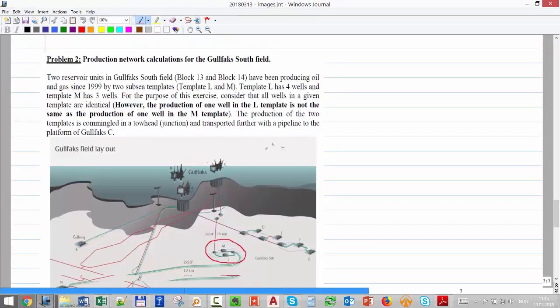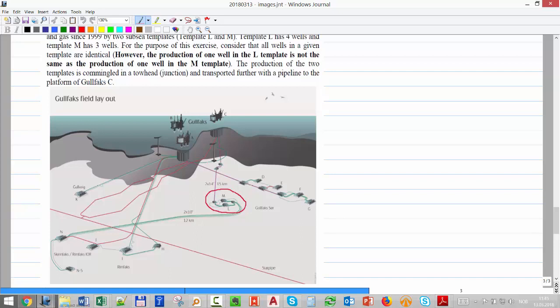The problem is we are looking at those two templates of Woolfax, M and L. I think M has 4 wells and this one has 3 wells, and they are competing in a flow line, and then they go to a main pipeline. We want to calculate the natural rate, that is, if the field is producing in decline, the plateau already finished.